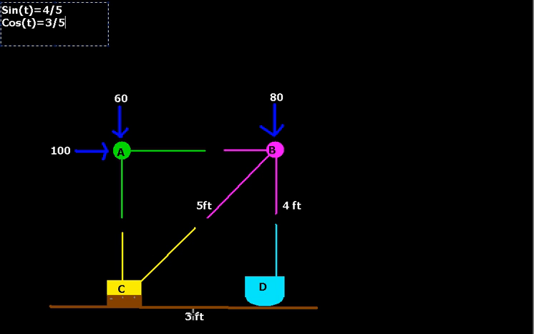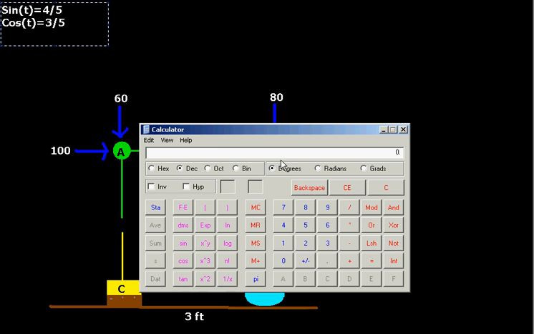And using this, we could come up with what the angle is. In fact, if I were to actually want to do that, I would do 4/5 equals 0.8. Then I could go inverse sine, and that tells me that that's a 53-degree angle.